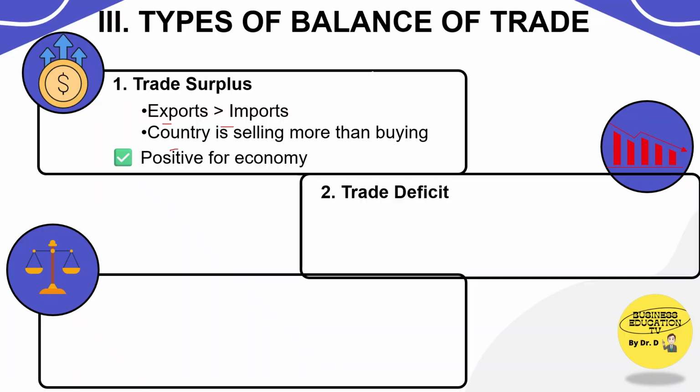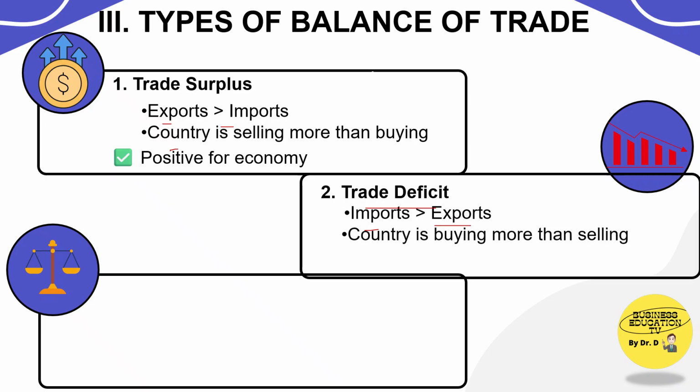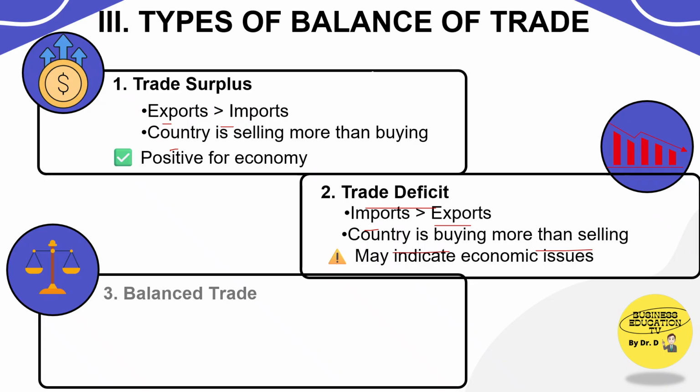Then we have what we call a trade deficit, wherein imports are greater than exports. So the country is buying more than selling, and of course it may indicate economic issues. And of course we have the balanced trade, wherein exports equal imports, so there is no surplus or deficit.